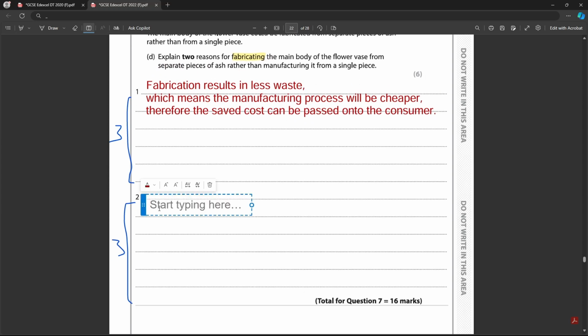One other reason, we've talked about wastage. We can think about how it can be fabricated from a bunch of smaller pieces, just gluing things together, attaching things together.